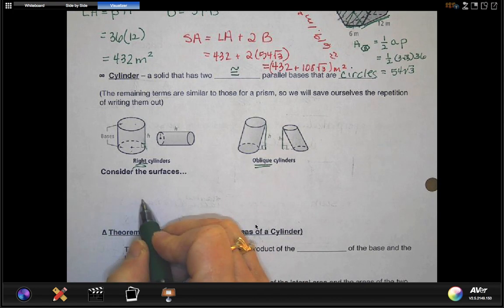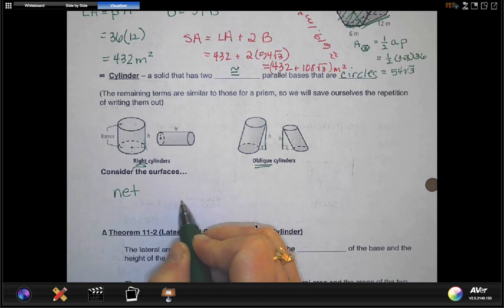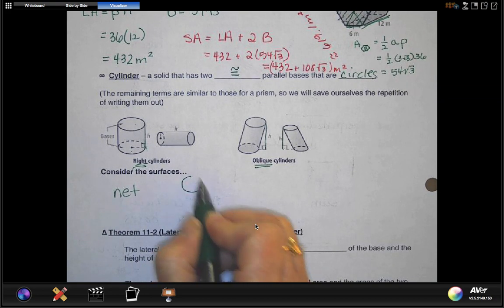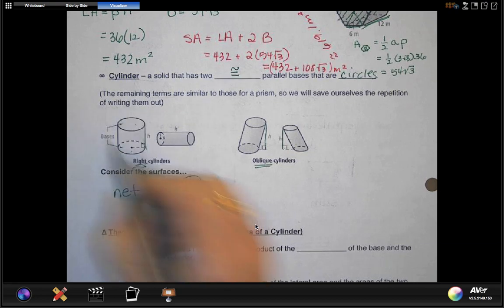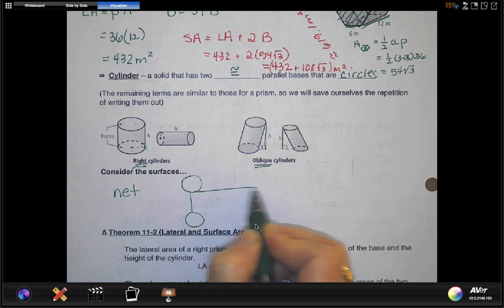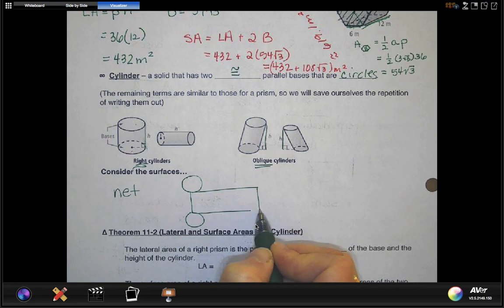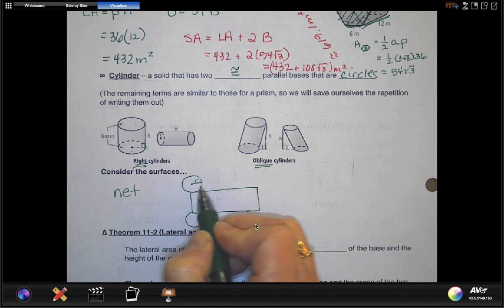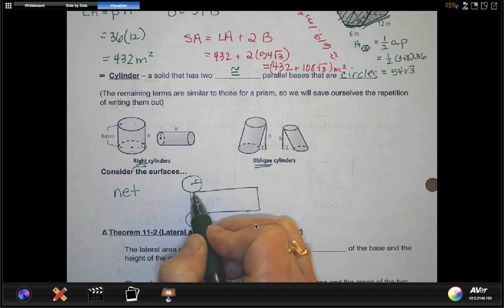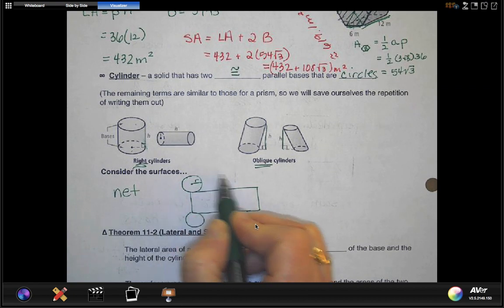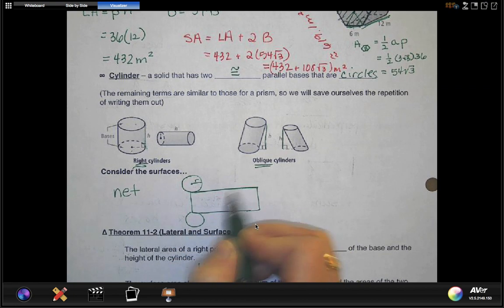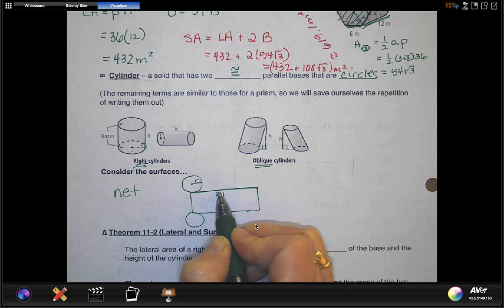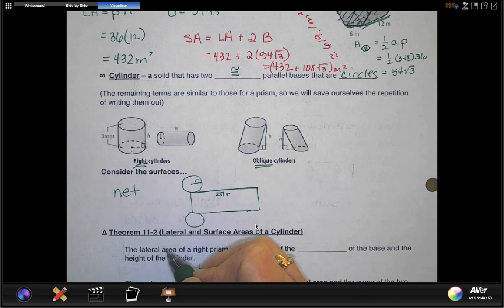All right, if we think about the net of a cylinder. We have those 2 bases, and if you open up around there, what does that look like? It looks like a rectangle. If this base has a radius of r, and this is probably not very good, but if I do 1 revolution right there, this side is going to be 2 pi r, just the circumference.